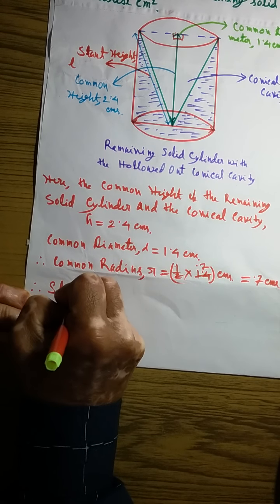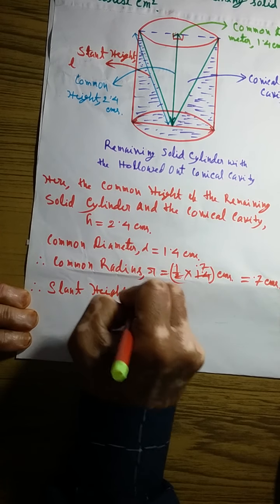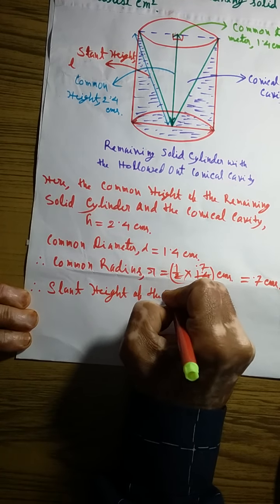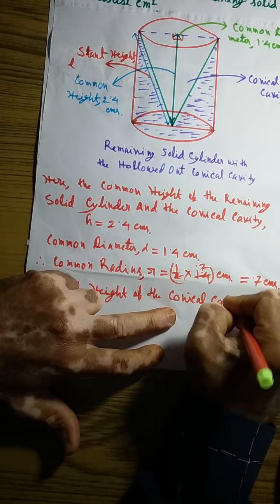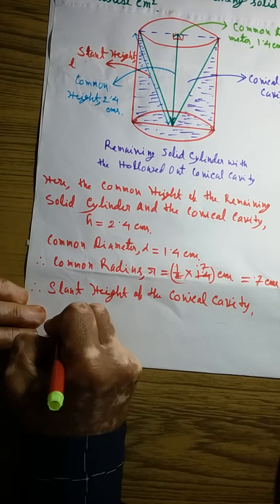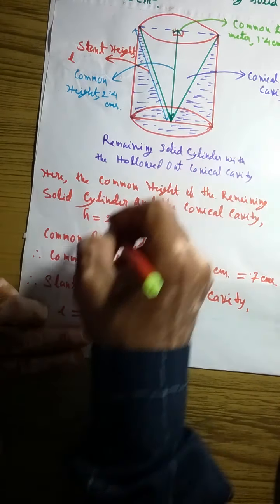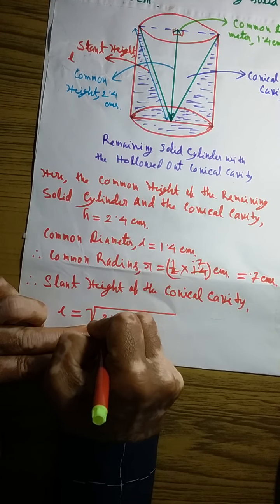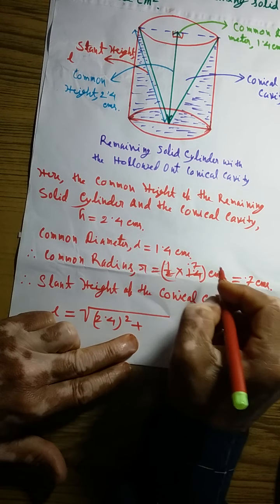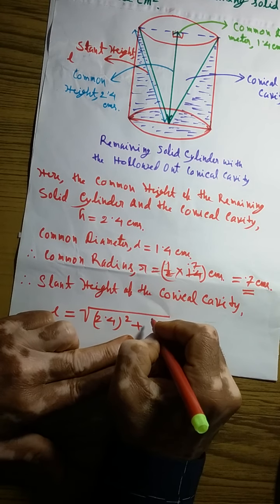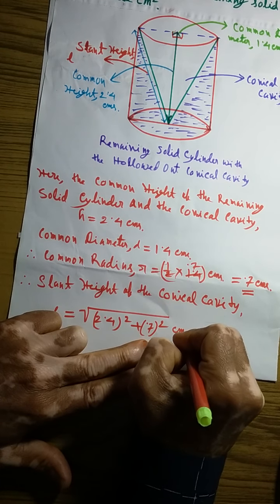Therefore, slant height of the conical cavity, l is equal to the square root of h square plus r square, that means 2.4 whole square plus 0.7 whole square centimeters.